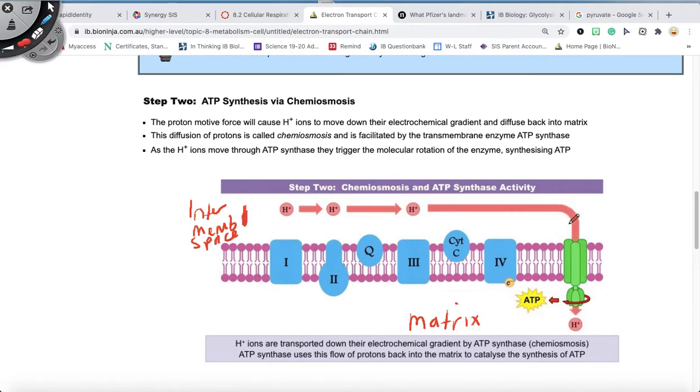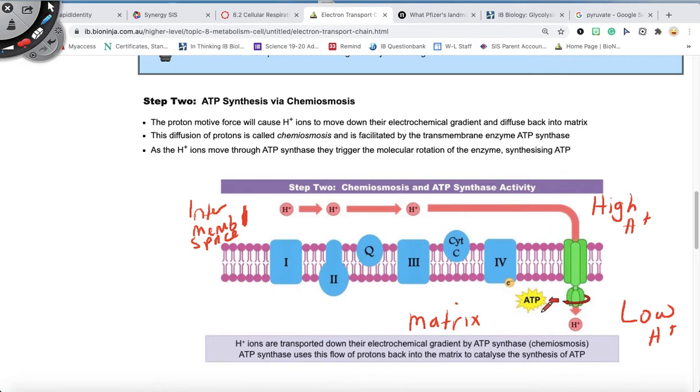So hydrogens are going to get pumped back in, actually they don't get pumped back in, but they actually diffuse back in because you have a high concentration of hydrogen ions here and a low concentration of hydrogen ions here. They don't need to get pumped. So I used that word incorrectly, sorry. They will diffuse back in, going from high to low, okay?